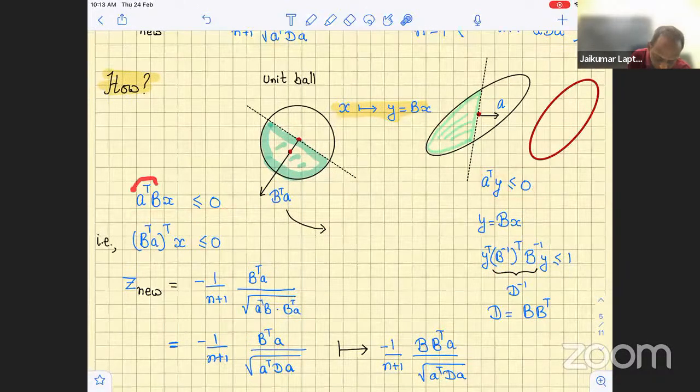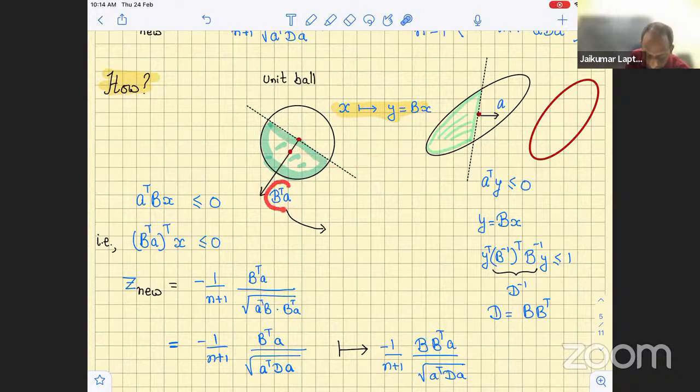I can write this as B transpose A times x. That means the vector A has now become the vector B transpose A. So this hyperplane, which used to be perpendicular to this vector A, now has its pre-image here perpendicular to this vector B transpose A.